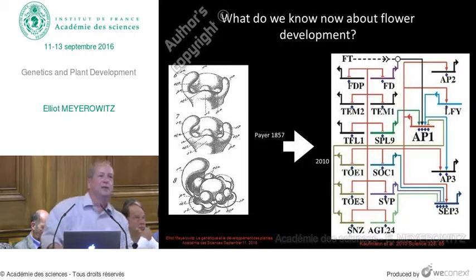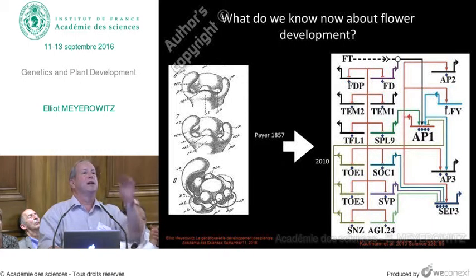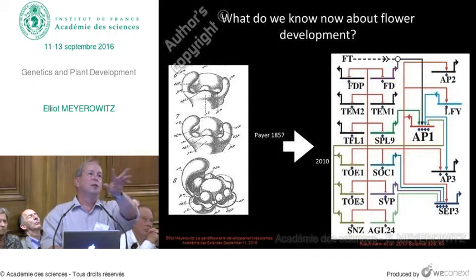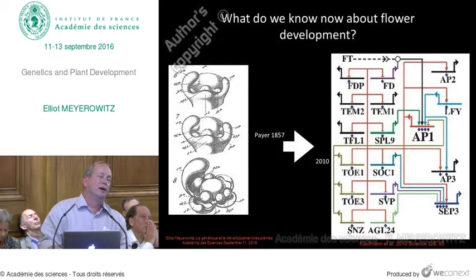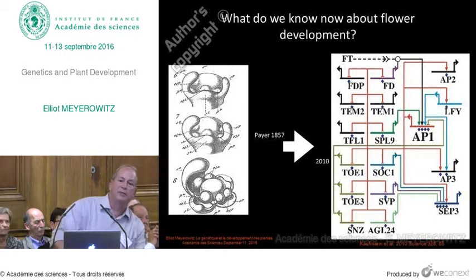This is up to about 2010 and is just a piece of a figure from a paper published in the lab of one of my postdocs, Frank Wellmer, and Jose Luis Riechmann, another postdoc, and also my lab participated, in which we attempted to map out the gene regulatory network that activates these genes, and then in other parts of the figure, what is activated by these genes. And this is one narrow piece in the temporal path from flower primordium to mature flower, showing positive and negative feedbacks both between steps at different times and between steps that are activated at the same time.